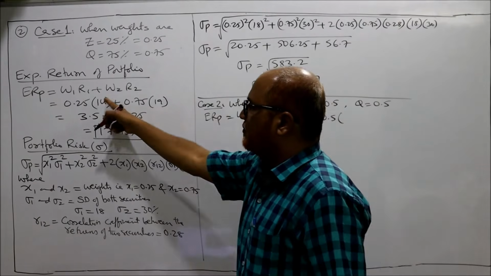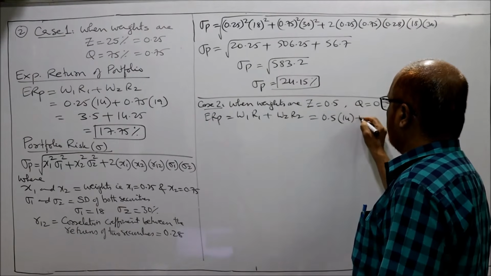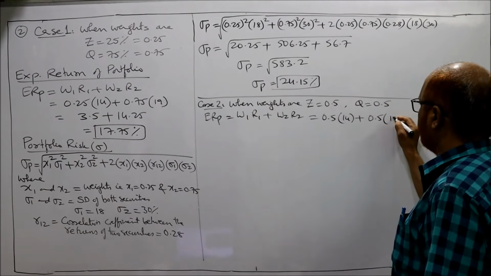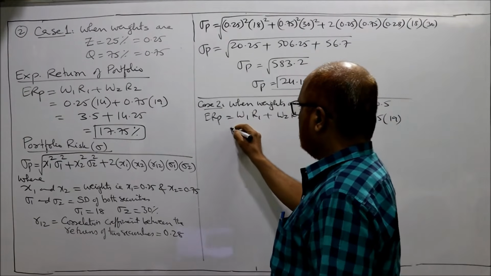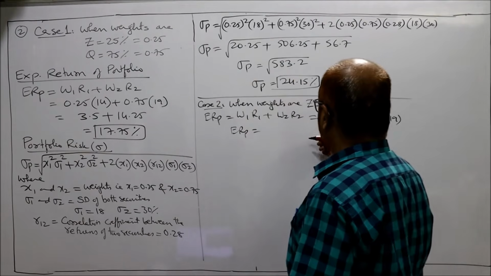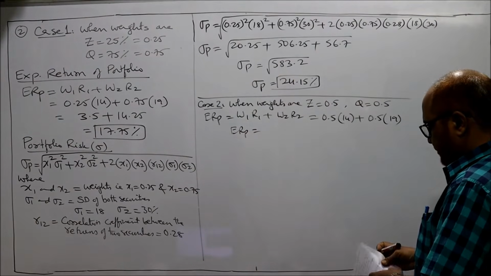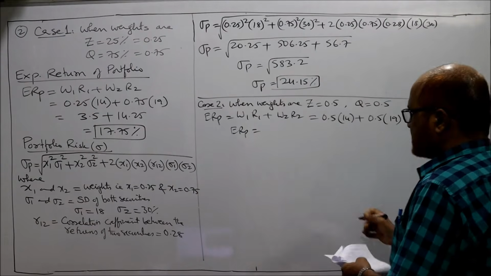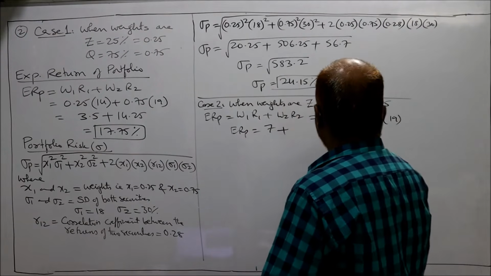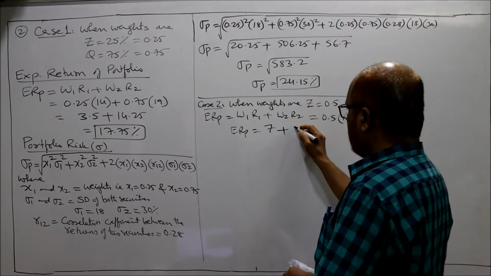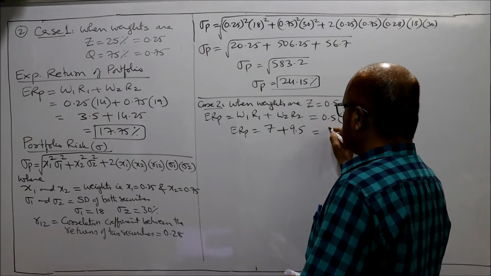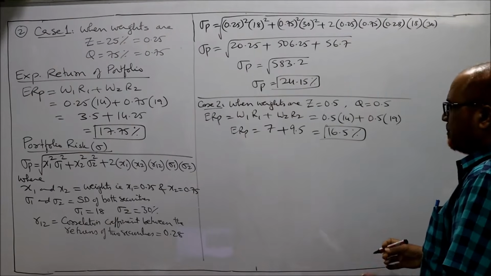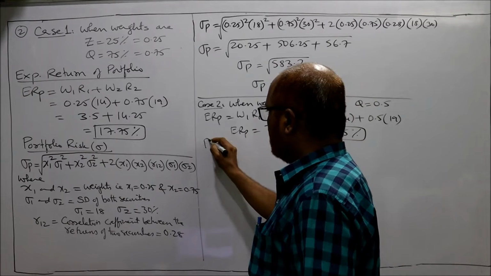What is the return here? 14. Plus W2 is 0.5. What is the return? 19. So ERP is equal to 0.5 into 14, you will get 7, plus 0.5 into 19, that is 9.5. So 7 plus 9.5 is 16.5. ERP is 16.5.